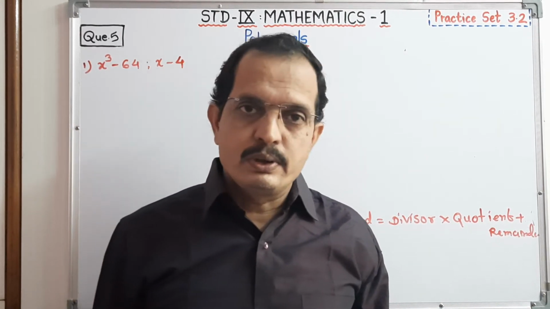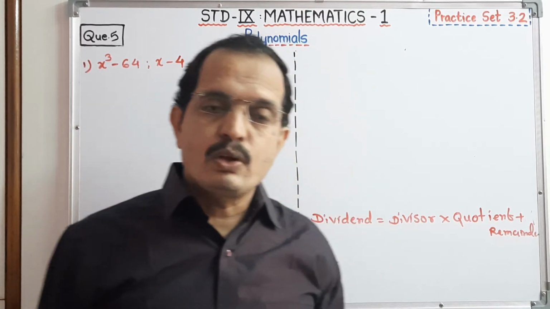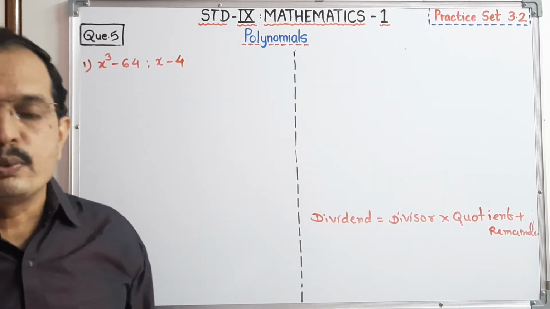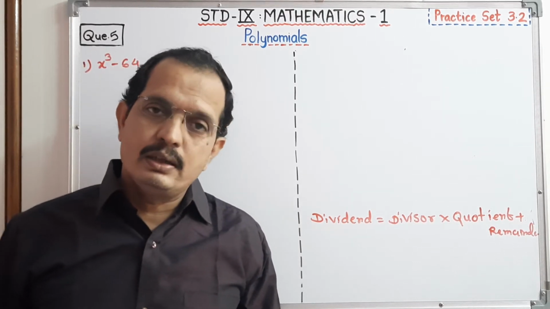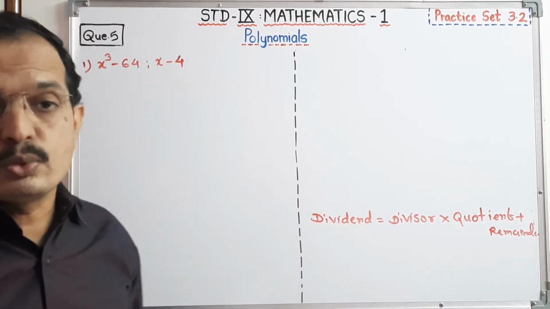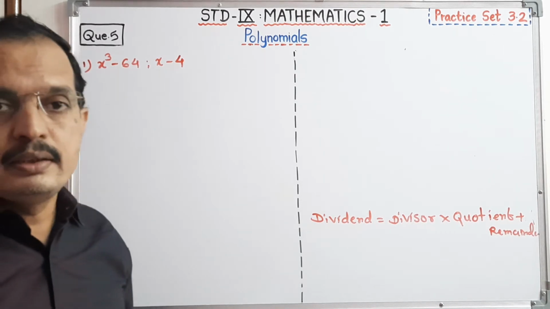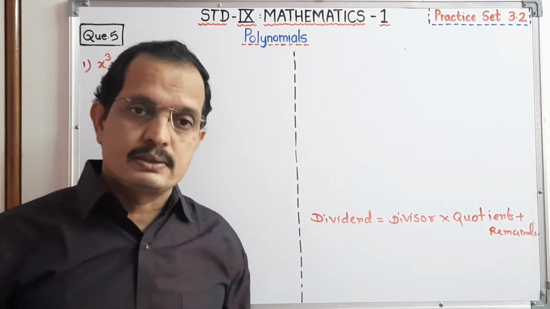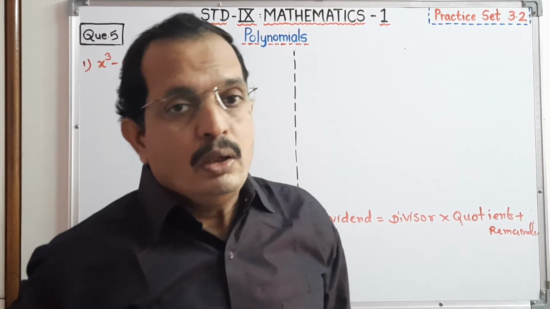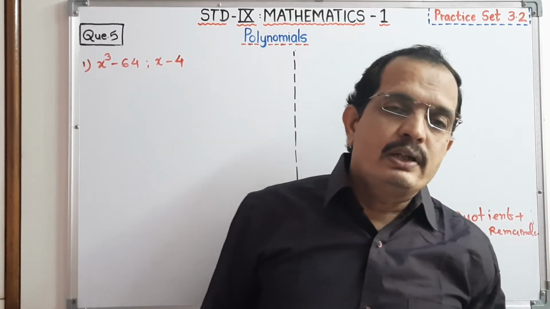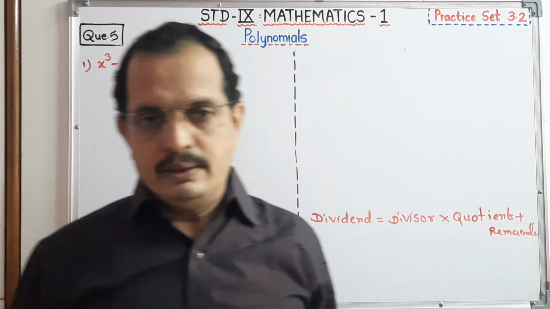It is very important, and division of the two polynomials we have to learn here. And dear student, I will show a very simple and easy method to do the division. I think in standard 8 you have learned this, but now you have to learn this carefully. Pay attention carefully. Very simple and easy method is there.